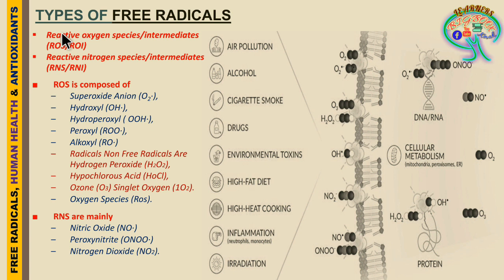Reactive oxygen species are the oxide-based free radicals, such as superoxide anion, hydroxyl, hydroperoxyl, peroxyl, and alkoxyl radicals. Non-free radicals are hydrogen peroxide, hypochlorous acid, ozone, singlet oxygen, and oxygen species.